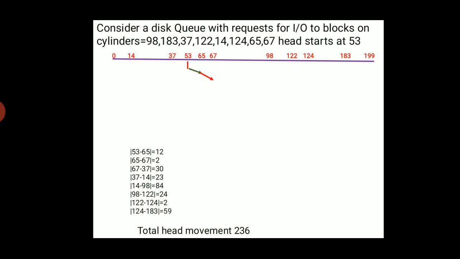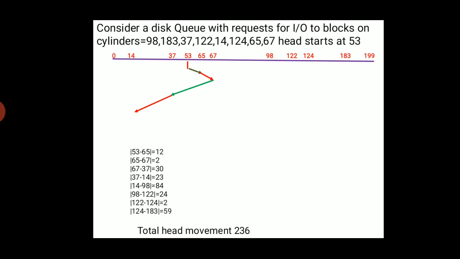From 67, the next request with minimum seek time is 37. So the read-write head will move from 67 to 37. Now the current position is 37 and the next minimum seek time request is 14. So the read-write head will move from location 37 to 14.